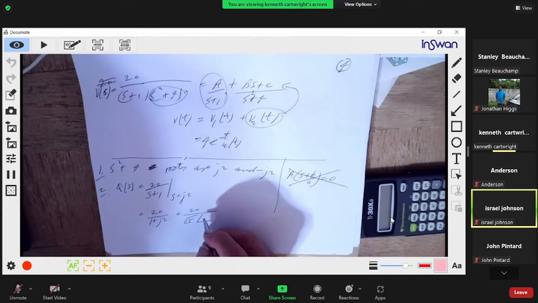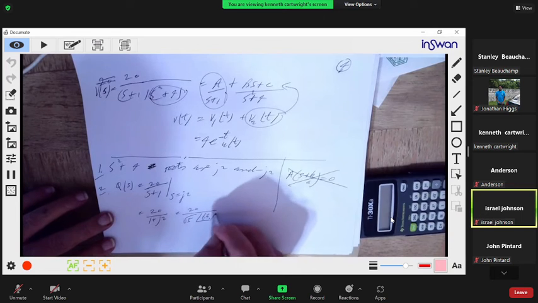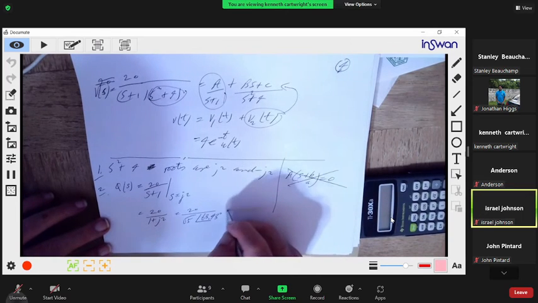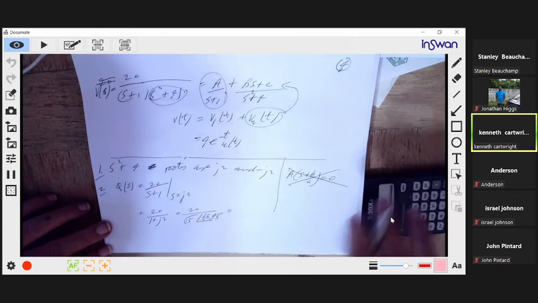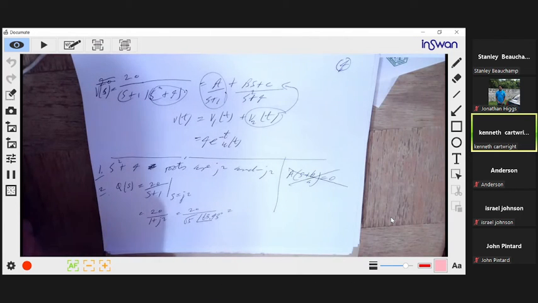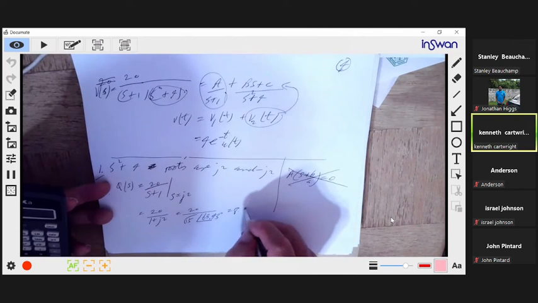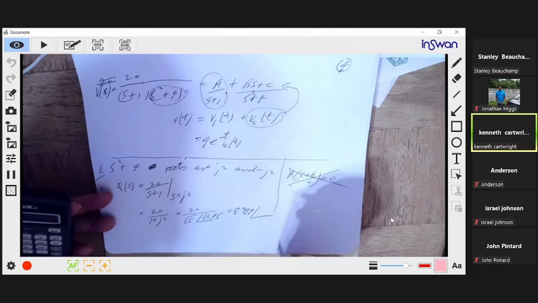Yes. So it's 20 over root 5. What's 20 over root 5? What's the angle?